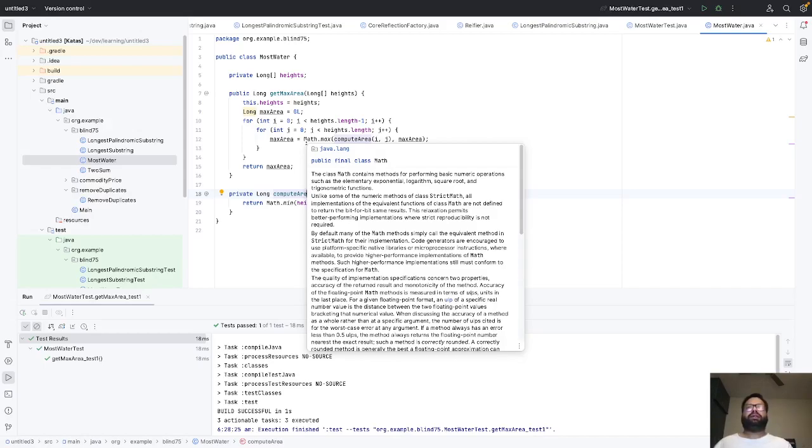Max area between these two is whatever it is.